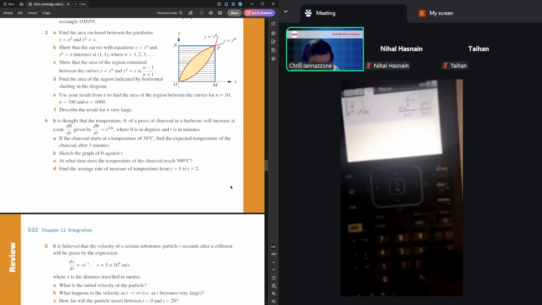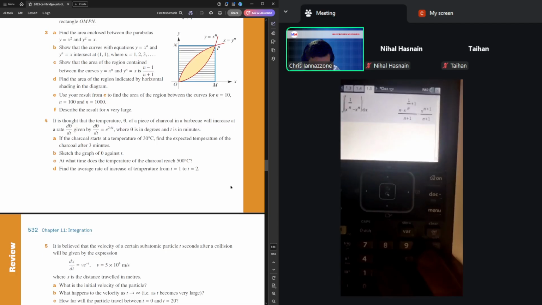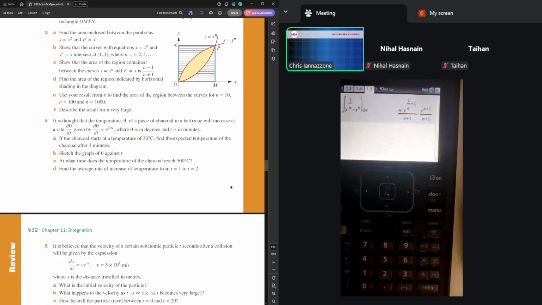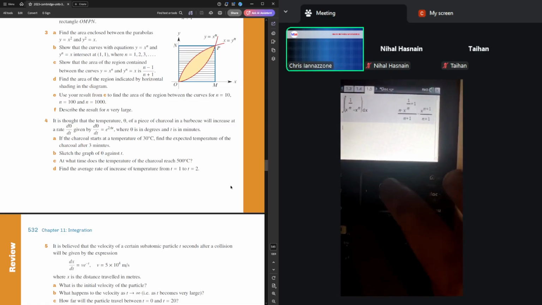Come on, load. Those are the antidiffs. That becomes our antidiff, and then we'll just do top take bottom.